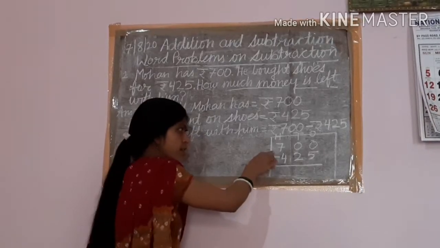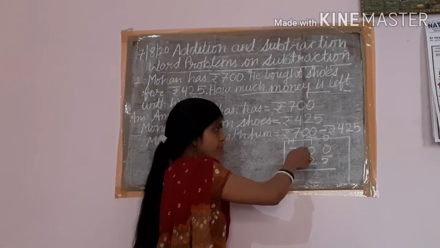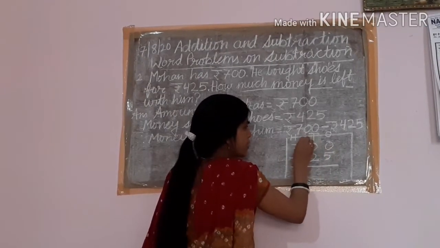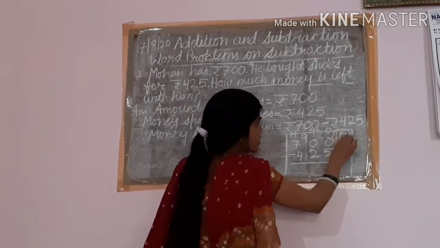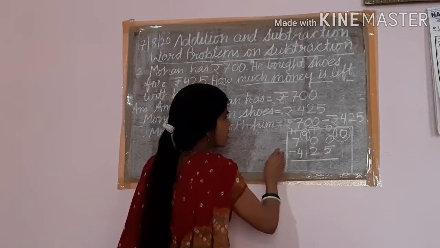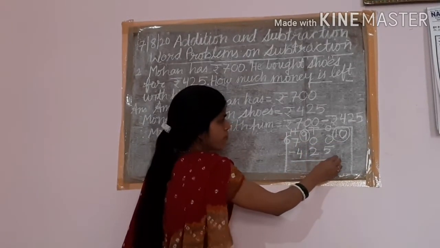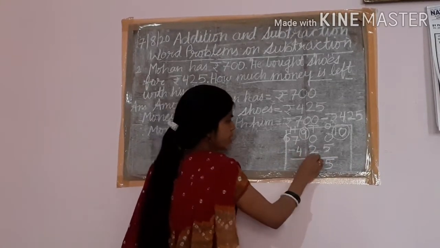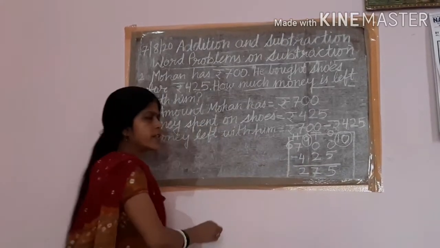So the hundreds place is helping. 100 is given to the tens place and the tens place gives 10 to the ones place. So here are 9 tens, here are 10 ones. I am keeping the number in the circle, and here only 600 is left. Now 10 minus 5 is 5, 9 minus 2 is 7, and 6 minus 4 is 2.